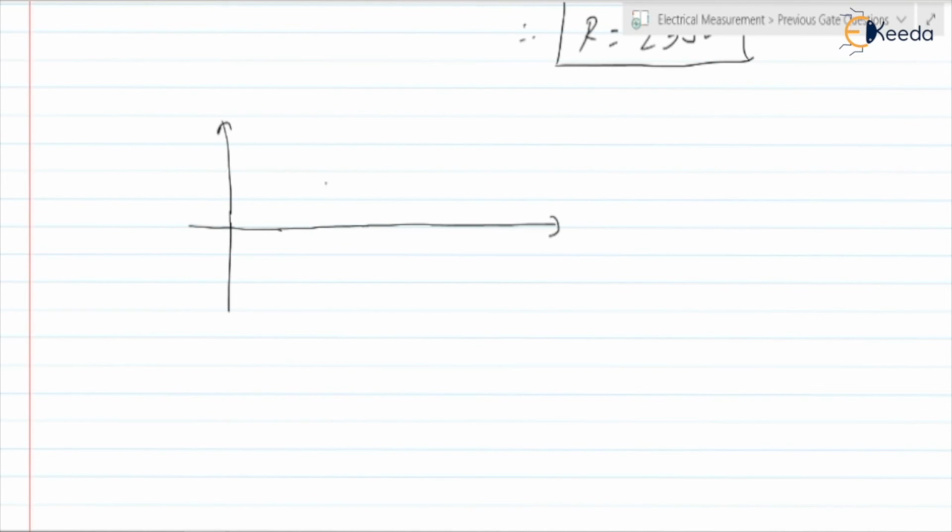Peak to peak means from here till here, this is 400, so it is 200 volt here, and here it is minus 200 volt actually.